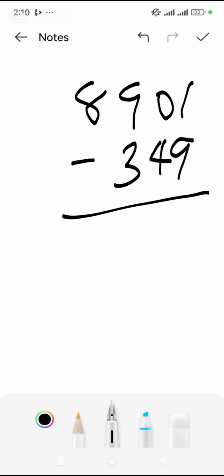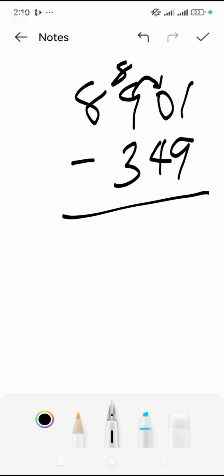This is 1 minus 9. It cannot go because 1 is lower. And when we move to the next number, which is 0, we can't borrow 1 from 0 because it's nothing. So we will move to the third number, which is 9, and borrow 1 from here to this place. What we'll have remaining here is 8.